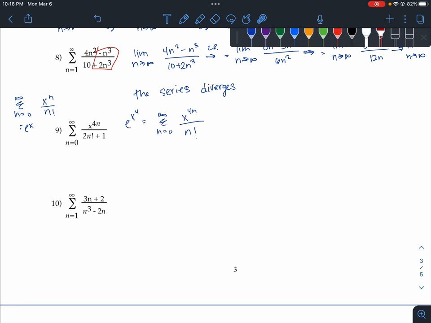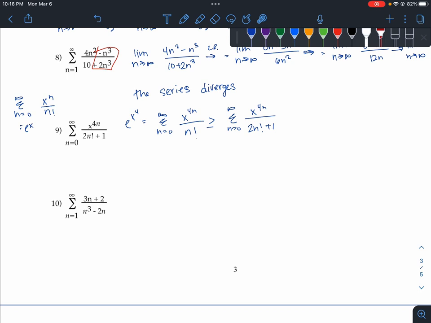Now, we also know that this series right here has to be greater than this series at any term, x to the 4n divided by 2n factorial plus 1. The reason why I know that is because they both have the same numerator. So at n equals 0, n equals 1, the numerator is going to be the same.